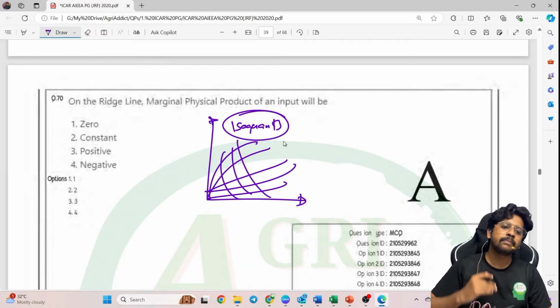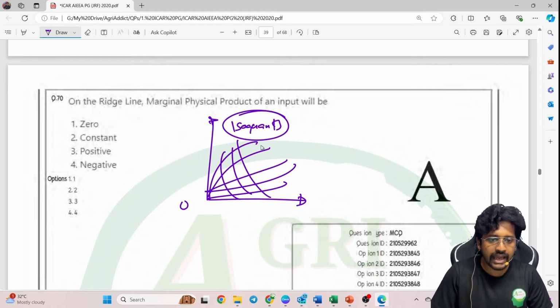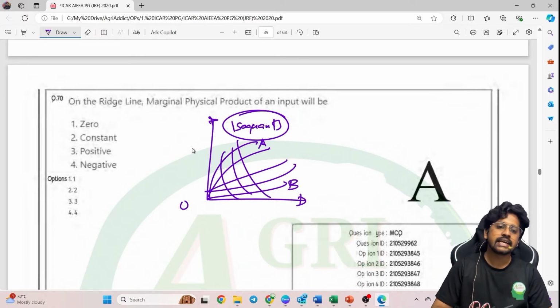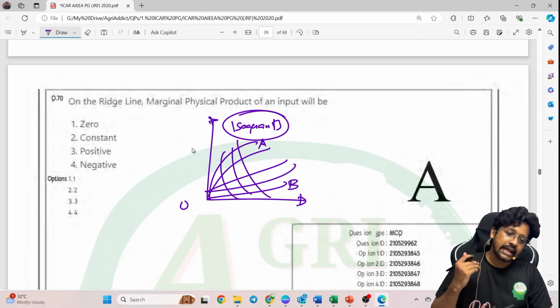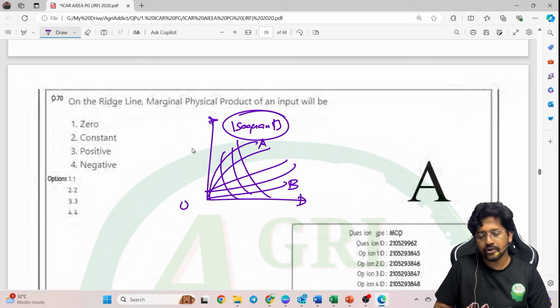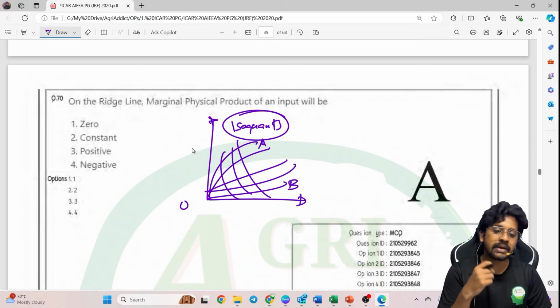So there will be an upper ridgeline as well as the lower ridgeline. So let OA and OB be the ridgelines. We can say that inside the ridgelines only the production process will be feasible, and any point outside the ridgelines, we can find that the production will be unfeasible.